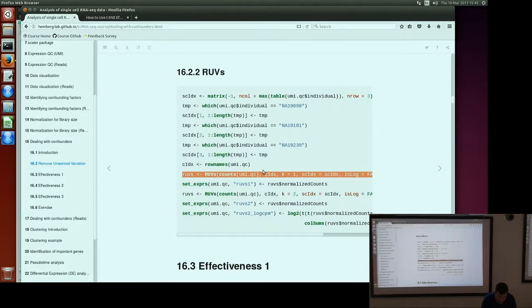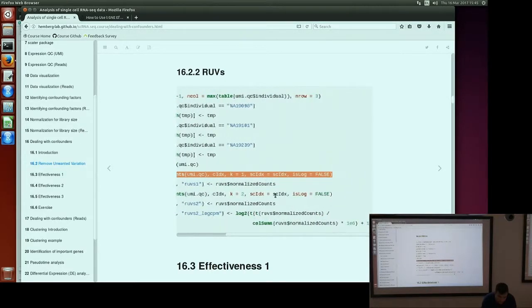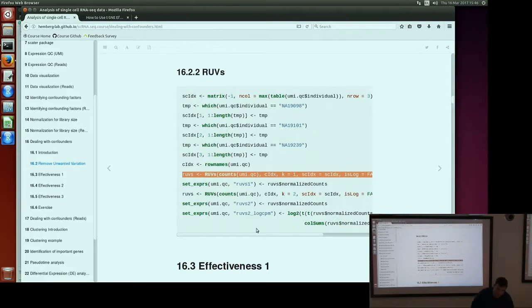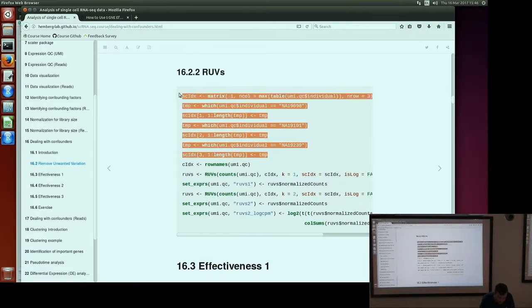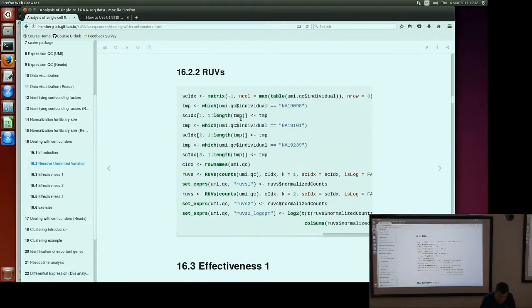And here we're using all of the genes, all of the endogenous genes at least, in this fit. And we also need to provide this scIdx argument, so sort of sample index argument, which defines which samples we're nominating to be replicates. And so that's where this code up here is used to define this.